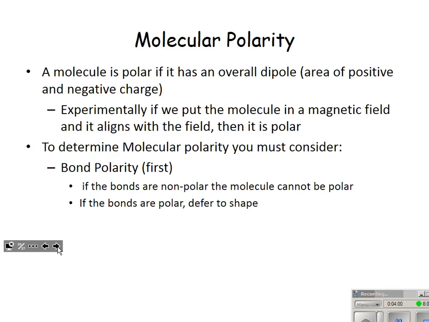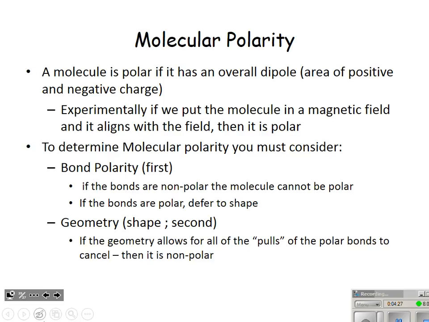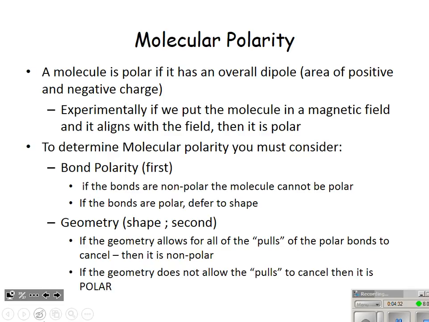This is a little introduction for you once you build your molecules in your lab, so that once you build them, you'll be able to see if the forces of the polar bonds are canceling each other out. So you want to defer to the overall shape of the molecule. And if the geometry allows those poles to cancel each other out, then the molecule is nonpolar. If they do not cancel, then the molecule is polar.